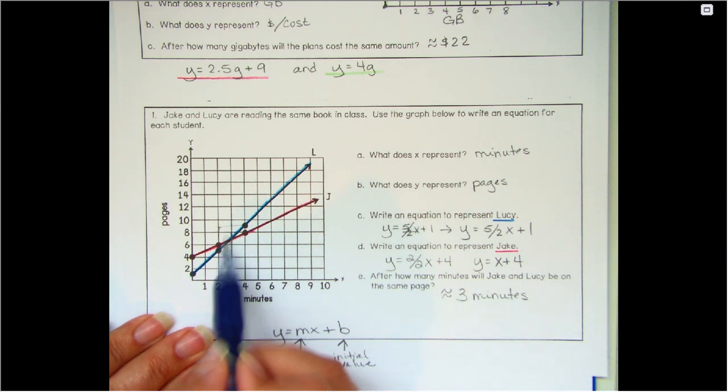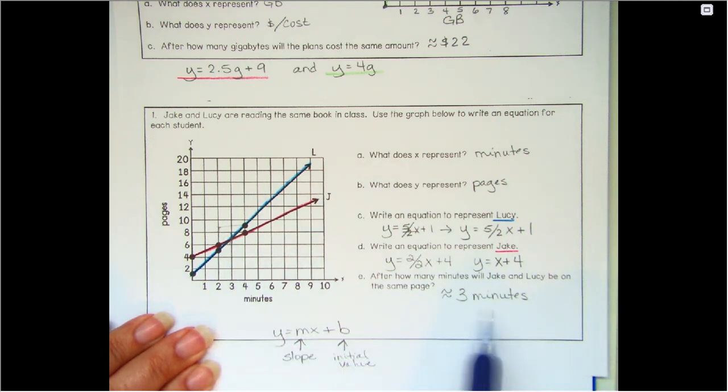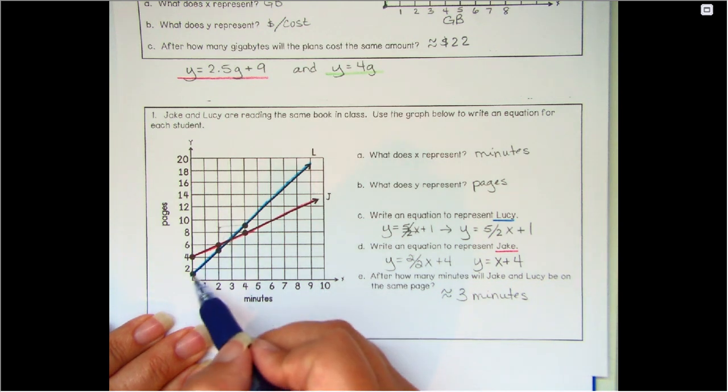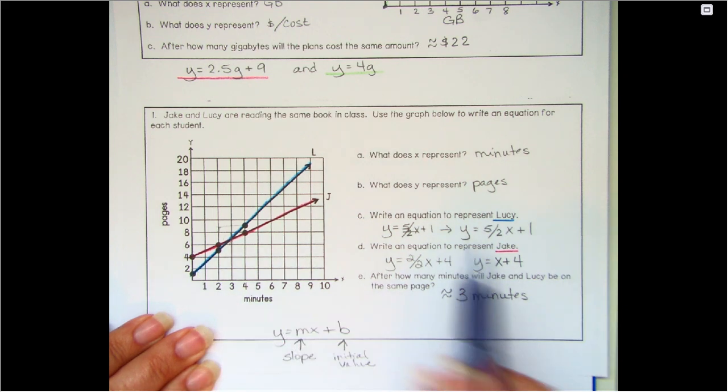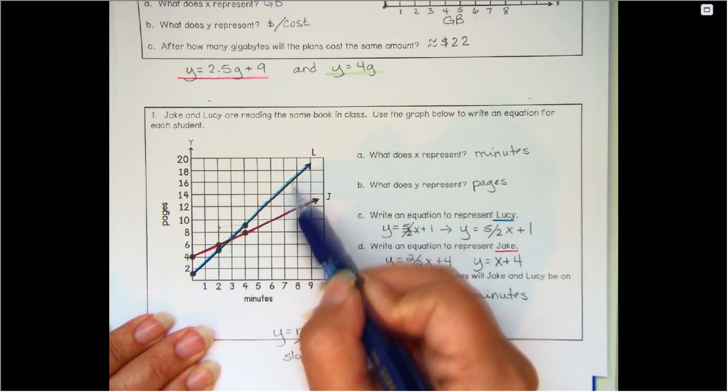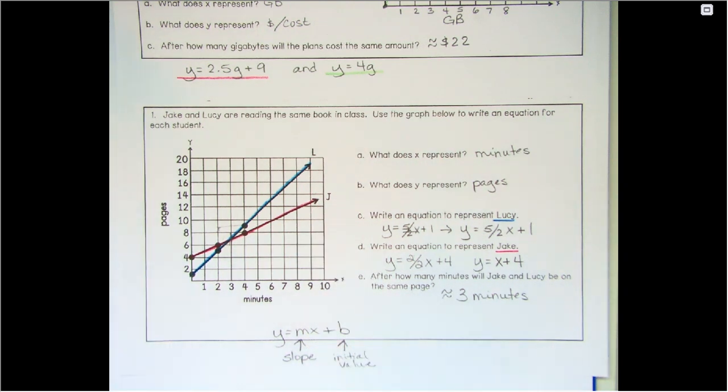But just using the graph, about 3 minutes. Because Lucy started with fewer pages read, and her slope, her speed, is faster, she's going to pass Jake. Hopefully that makes sense and helps you with a really important skill that we're reviewing now.